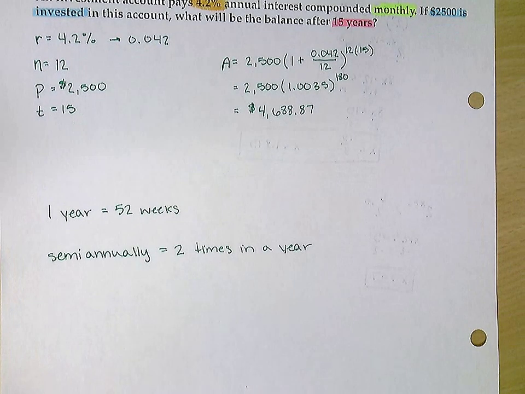And if it was compounded daily, you'd say 365 for N. So that's how you have to look at it: how many times is it compounded within that year to find N? And usually that percentage that it gives you in your problem is your rate. You just have to change it to a decimal.